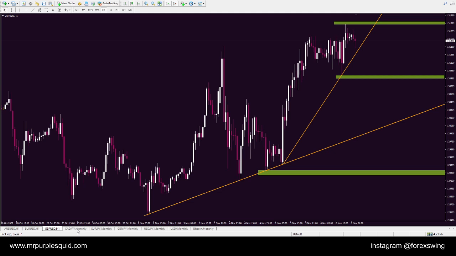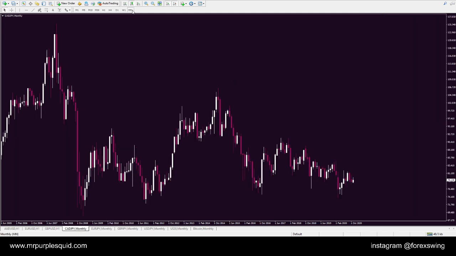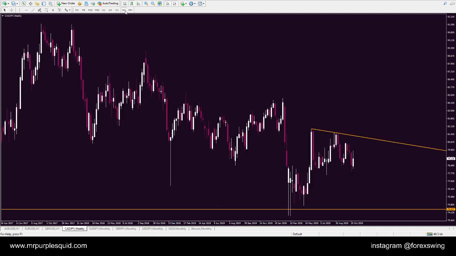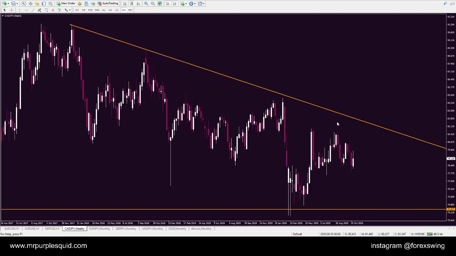Moving on to CAD JPY. Monthly, nothing too serious. Could see support. Let me move this. Could see, yep, like a bullish thrust right there.